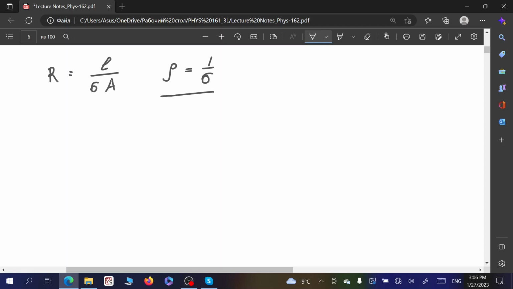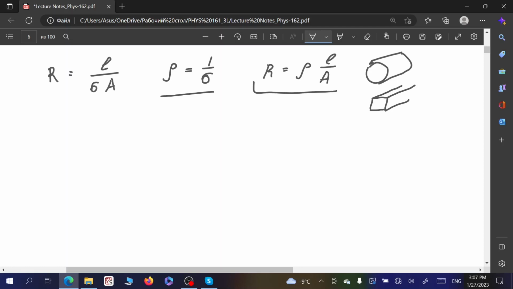So quite often you can see that electrical resistance is defined as rho times L divided by A. So that is quite a common form to represent electrical resistance in terms of properties of the material and geometrical shape of the conductor. That is quite straightforward when we have either a cylindrical form or some other defined form of the electrical conductor.